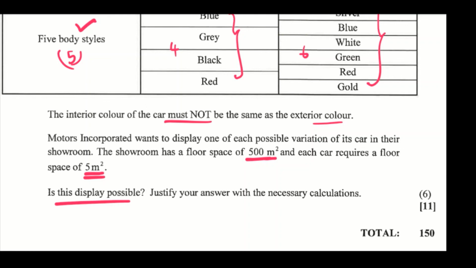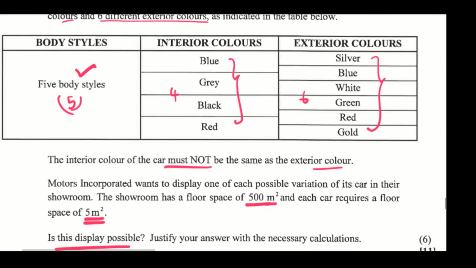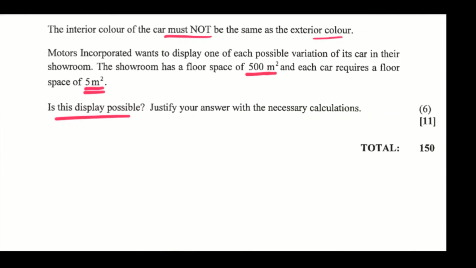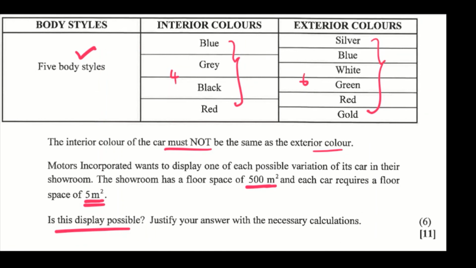So what we're going to do here is we're choosing each style or each color for just one car, and we're going to do that for all the 5 body styles, or let me just say all the 5 cars, right? So what's going to happen is this: we have 5 body styles.